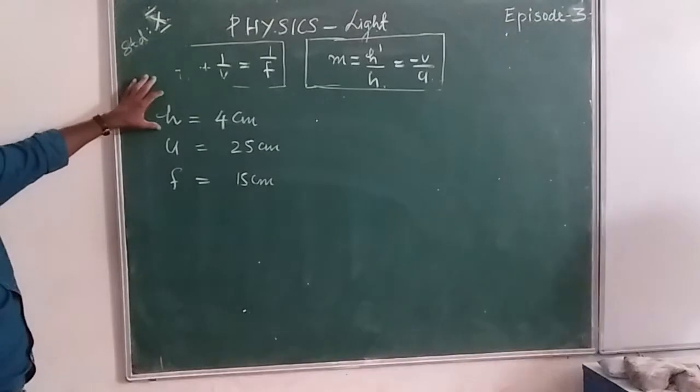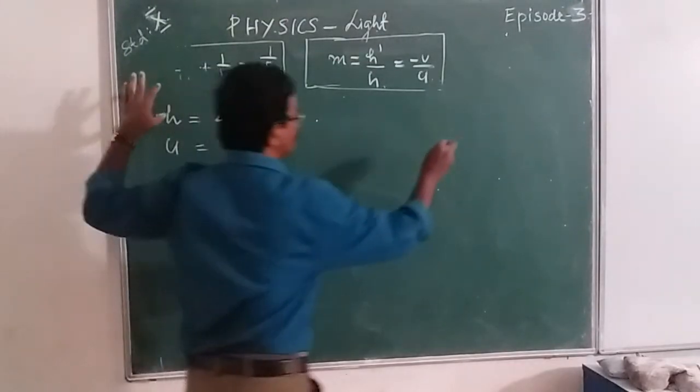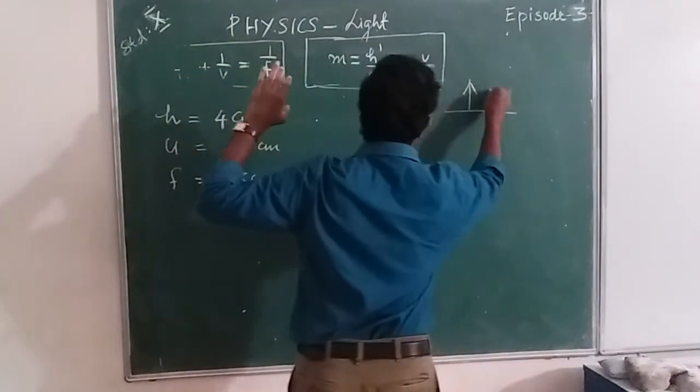See, here the object height is given. We know the object is always upward, so it is positive. And the object is placed at a distance of 25 centimeter. You know the object is always on the left side, so it is minus.